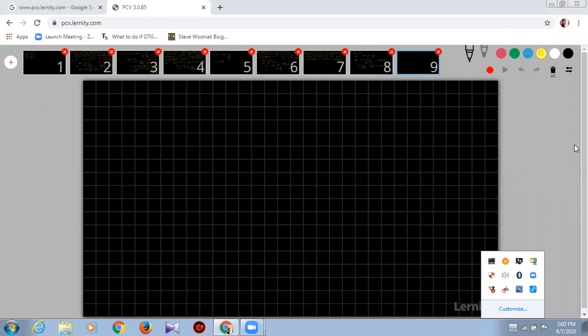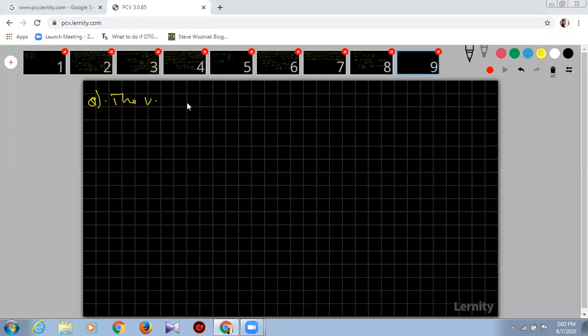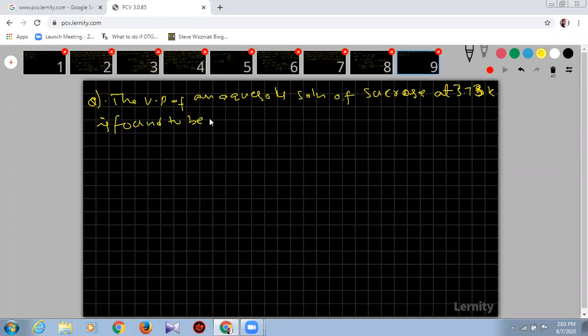Okay, now I want to take one more problem. The vapor pressure of an aqueous solution of sucrose at 373 Kelvin is found to be 750 mm mercury.